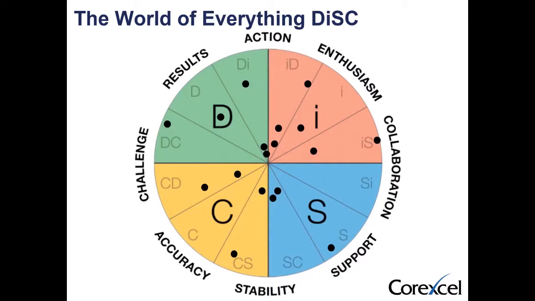And then a moderate would be somewhere in between the two. So you see a dot right in the middle of that D. They would have a moderate preference to their D style, but they would not have a secondary style there. So again, exact location drives the personalization of each assessment.